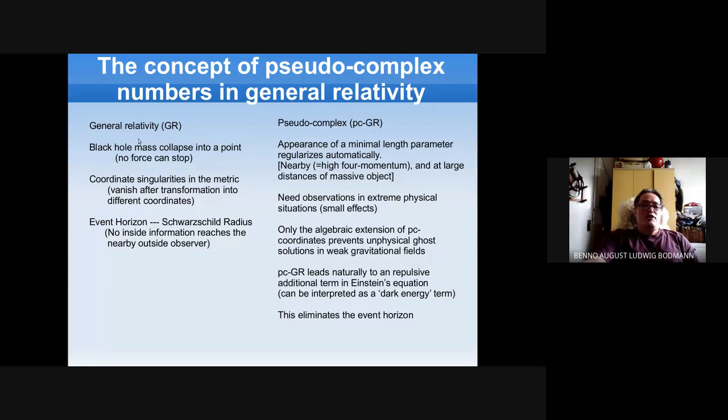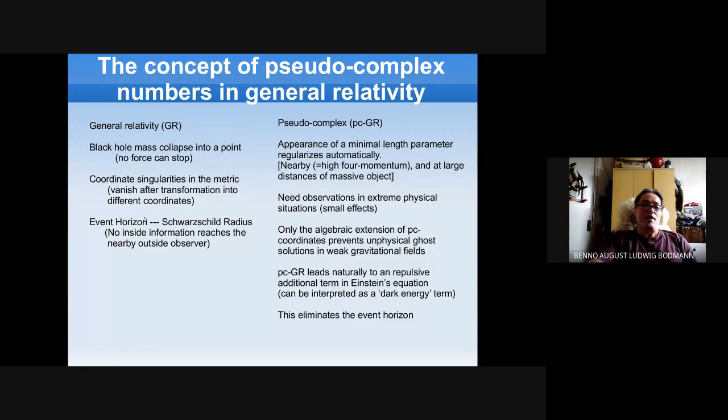Well, in general relativity, a black hole mass collapses into a point. This is a singularity. No force can stop this collapse of mass. The event horizon leads to coordinate singularities, so we need to make a transformation to a metric where we can treat the light which is inside the black hole and cannot go outside.